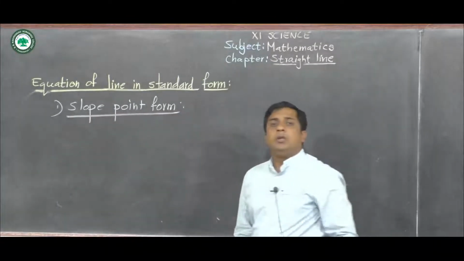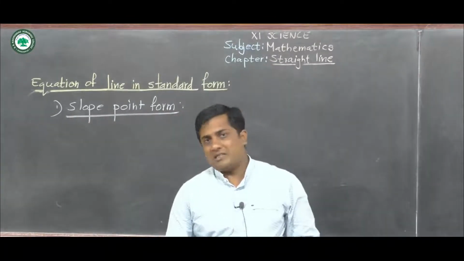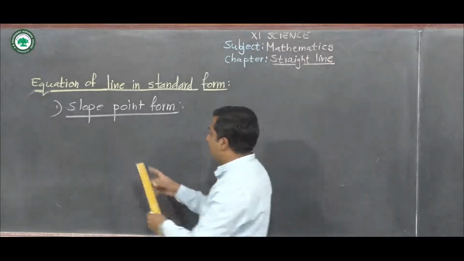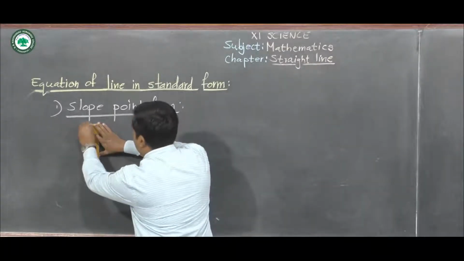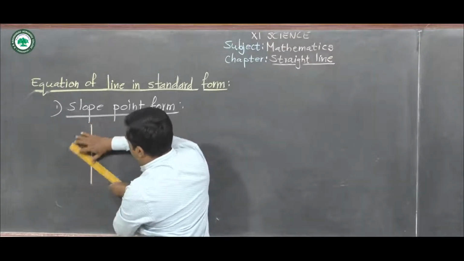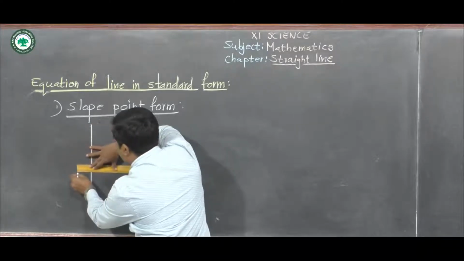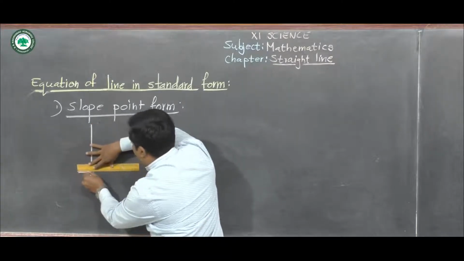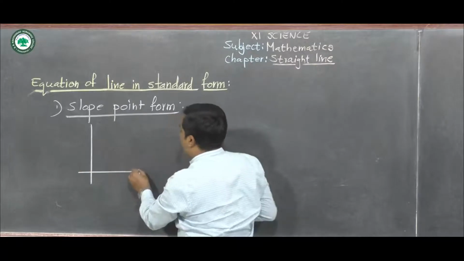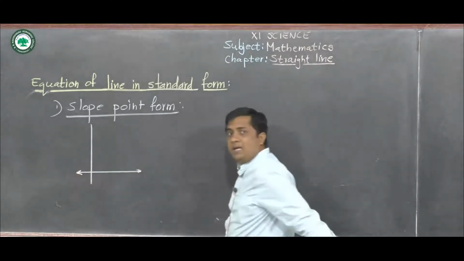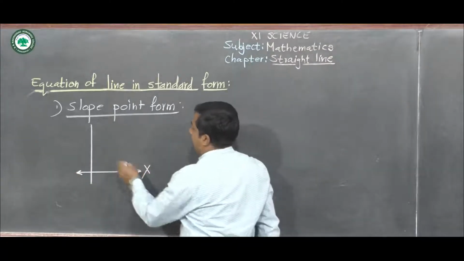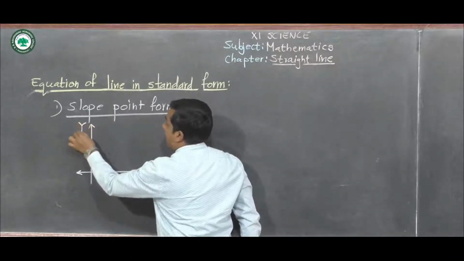To define the slope point form, firstly we consider one figure. Here we consider the coordinate axis. Let us consider x and y axis, and one line related to this coordinate axis. This is our x axis, this is the y axis.